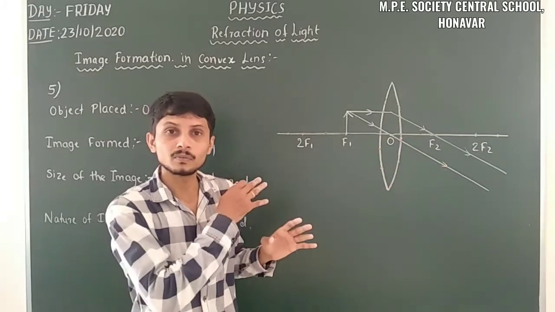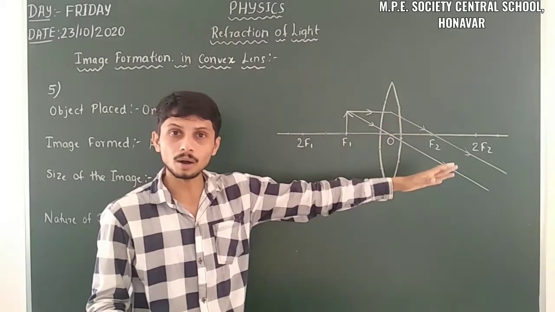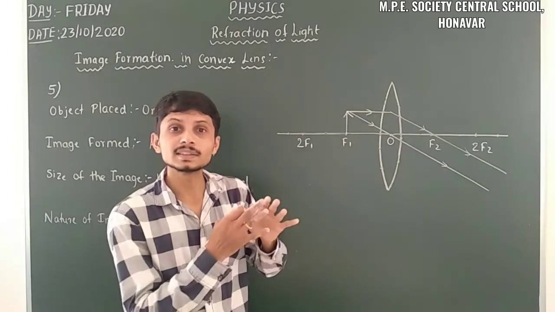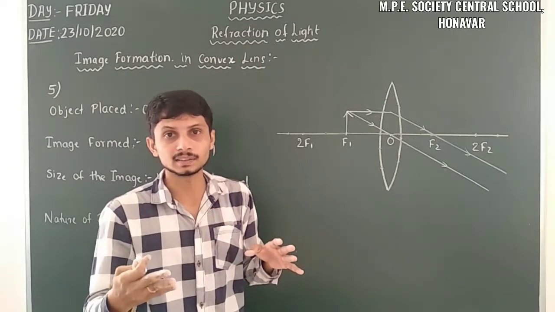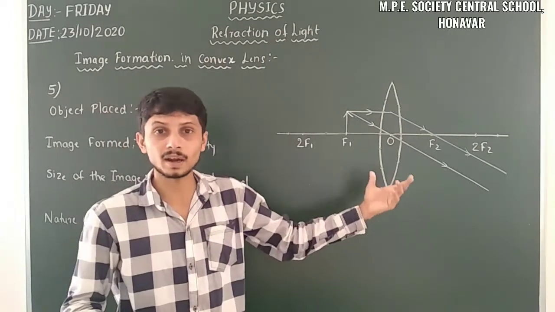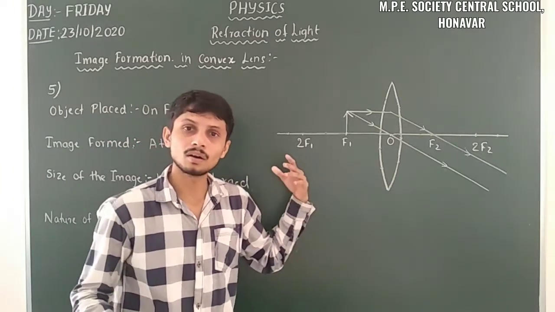And when the object is near to the lens, the image is getting enlarged place to place. So this condition we have to observe here.